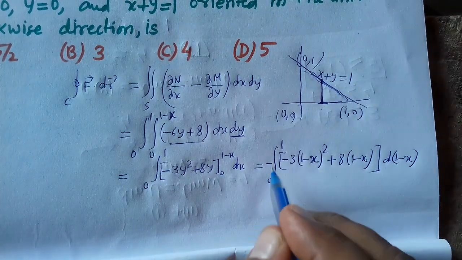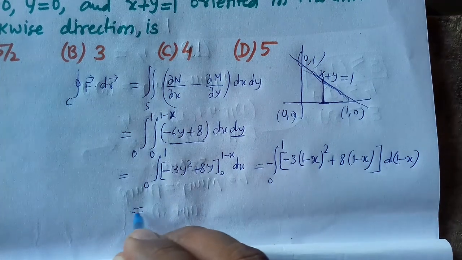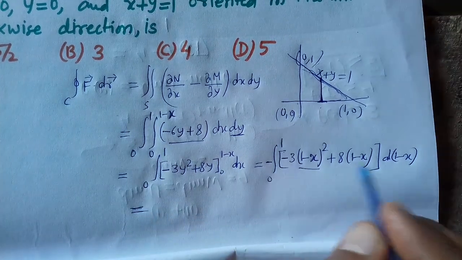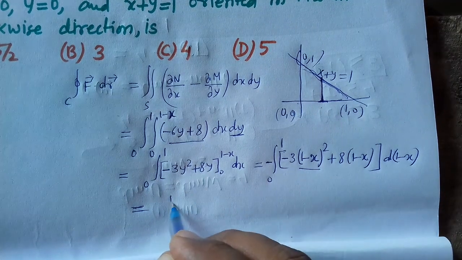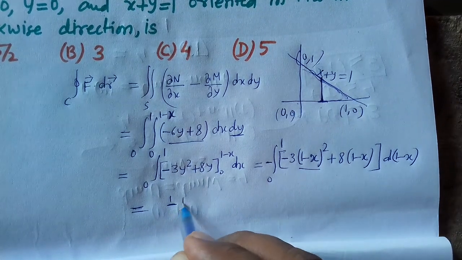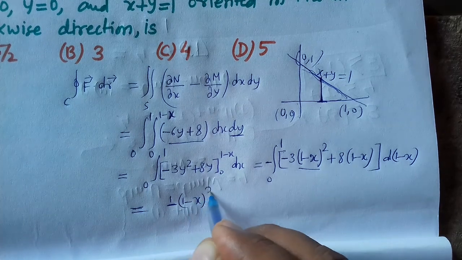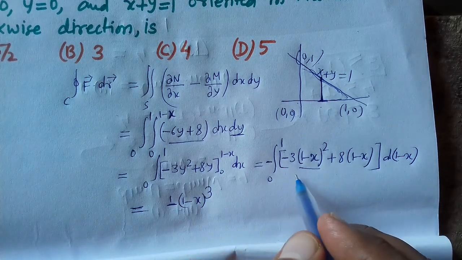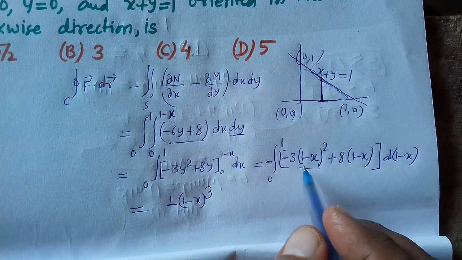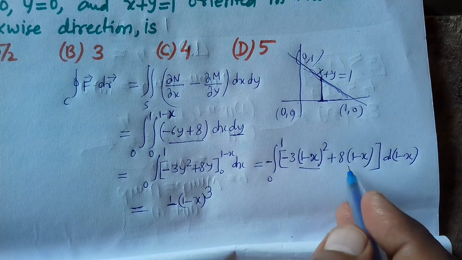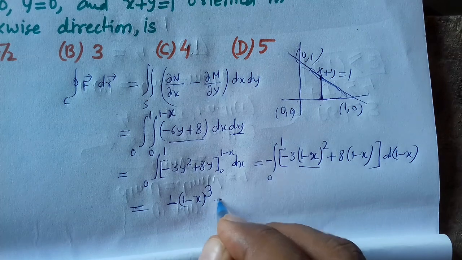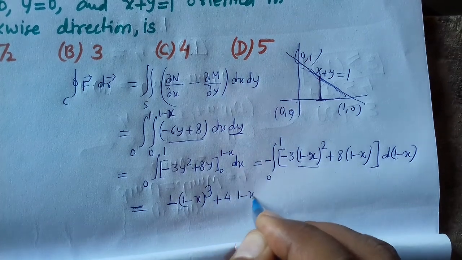Now integration is easy. If we integrate this with respect to (1 minus x), this will be minus (1 minus x) cube by 3, where the 3 gets cancelled, and thereafter (1 minus x) square by 2, so here will be 4 (1 minus x) square.